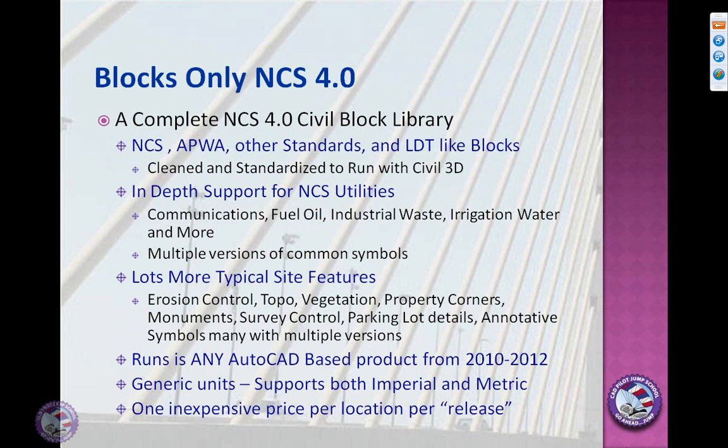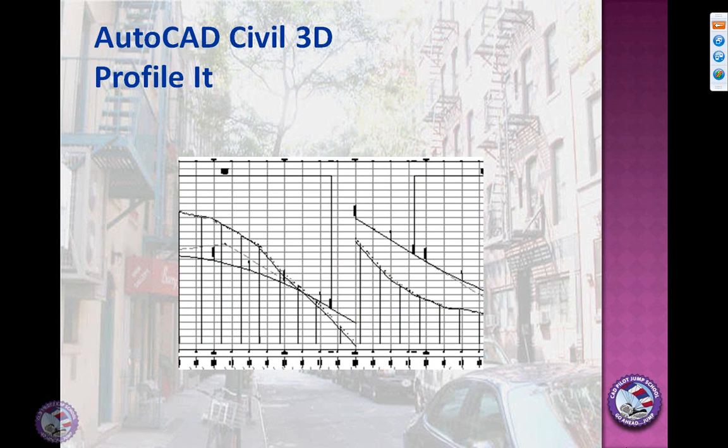So blocks only is a subset of the symbol set. It's just the blocks. They work for everything from AutoCAD LT. You can even port them back to Land Desktop 9 if you're still using that kind of stuff. And so AutoCAD users are not deprived of the same standardized stuff. They're all well-built, cleaned, and don't have any of the legacy stuff, and they employ classic jump naming conventions, which are all documented.